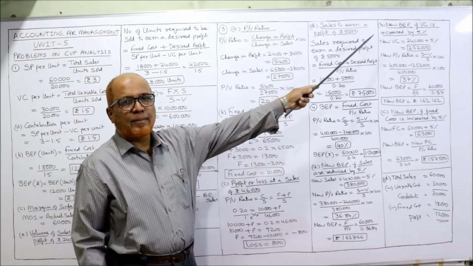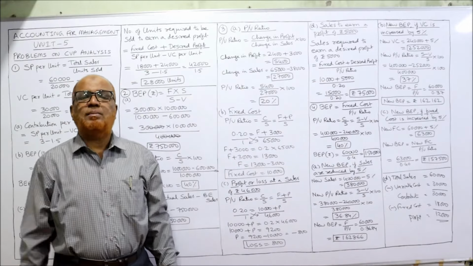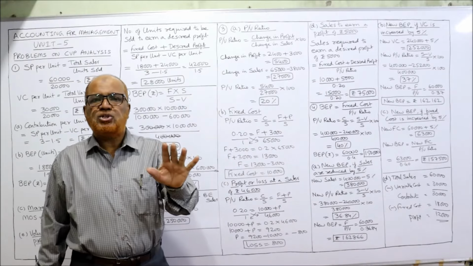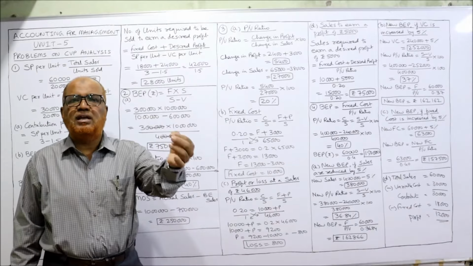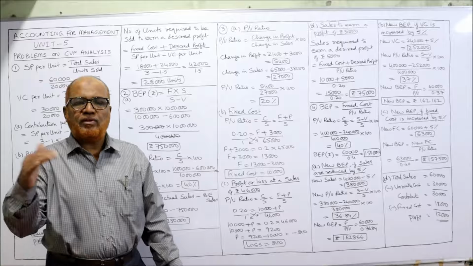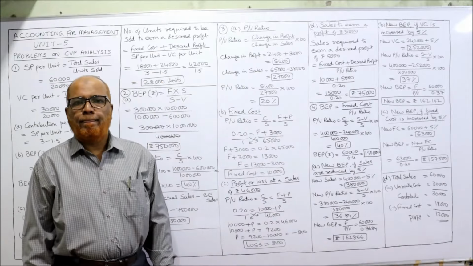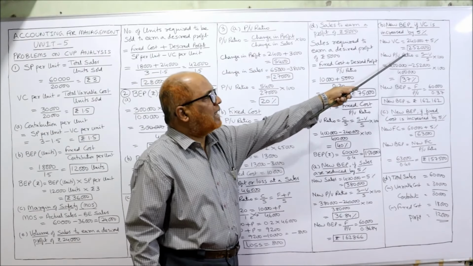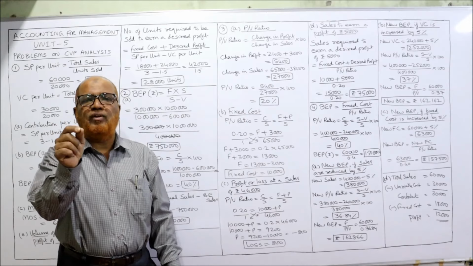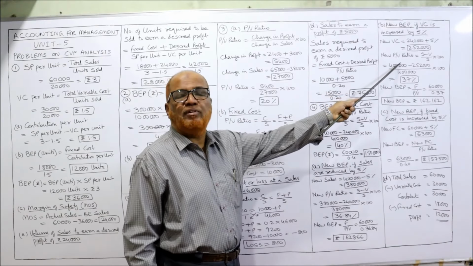Now, B point. New break-even point if variable cost is increased by 5%. No change in sales, no change in fixed cost. Only variable cost is increased by 5%. What was the old variable cost? Old variable cost was 2,40,000. Now 2,40,000 plus 5%, you will get 2,52,000. This is the new variable cost. Now the new PV ratio.